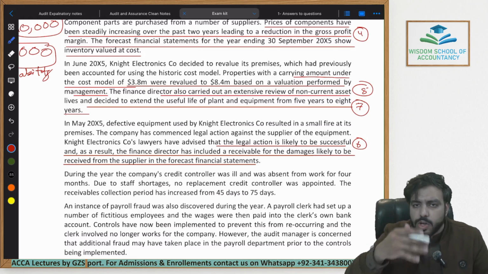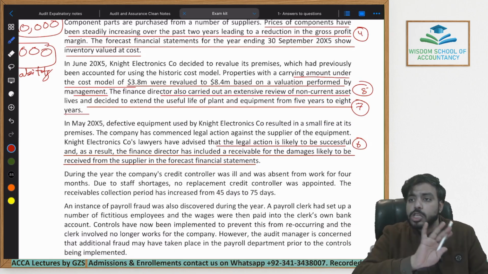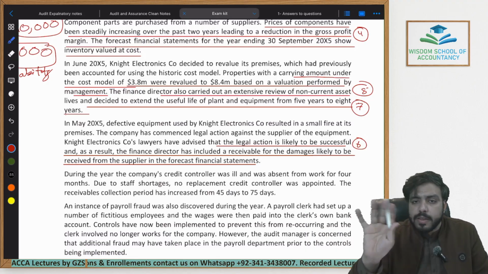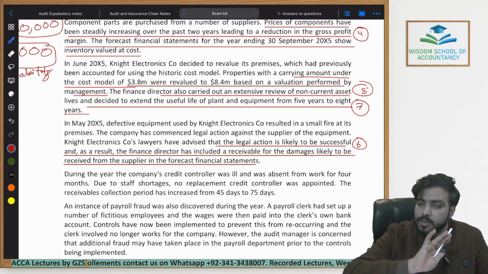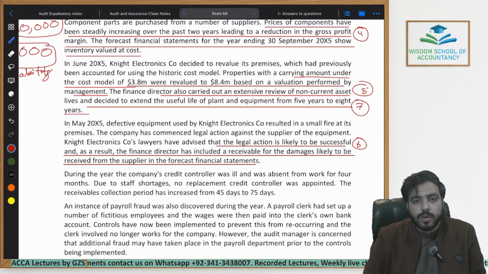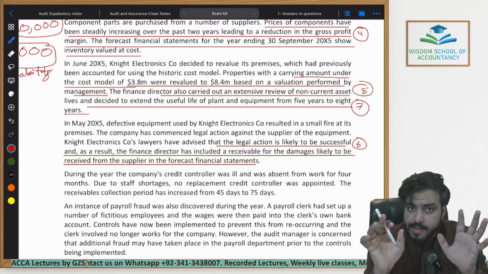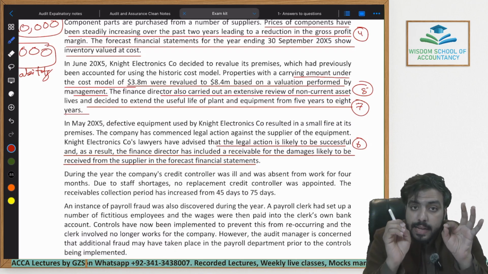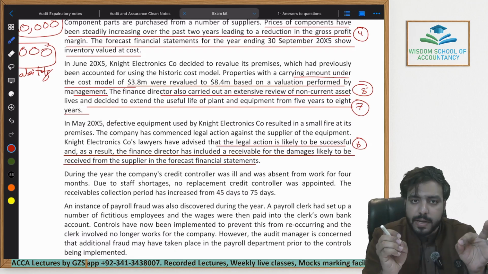But later on, during the use of the machine, you may identify this is a very good quality machine. We will not replace or sell it in the next 10 years. We will sell it after 20 years. This machine is very good to use for the next 20 or 25 years. You can then increase the life of the asset because the standard says that the useful life of an asset should represent the life over which that asset would actually be used within the company.